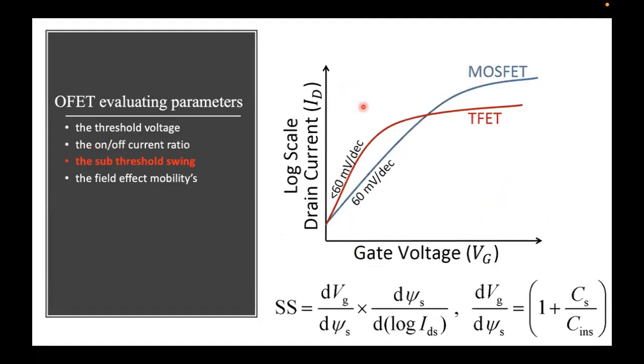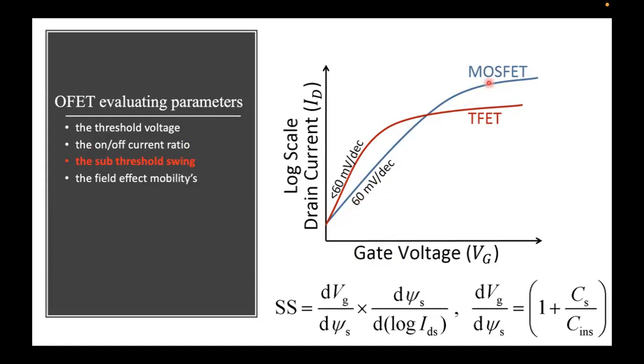A third important parameter is how this acceleration occurs. I mean, the acceleration in the subthreshold region. How your current will move from a zero state to an on state during the subthreshold region. And this is typically what we call the subthreshold swing.